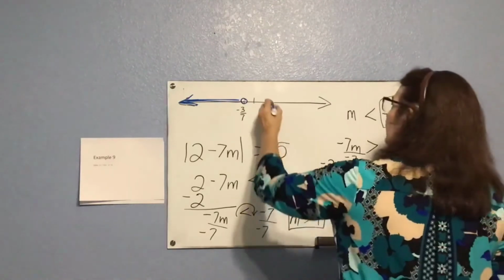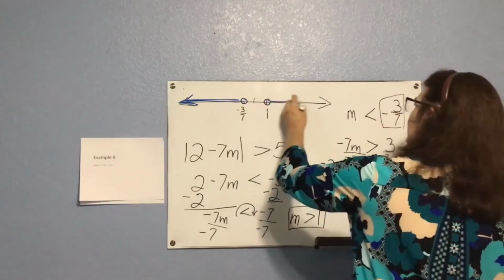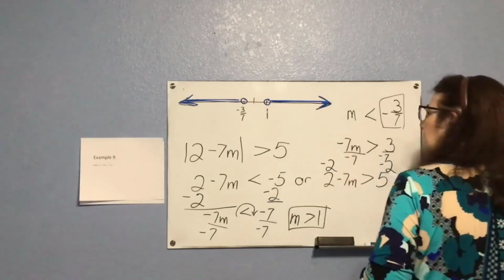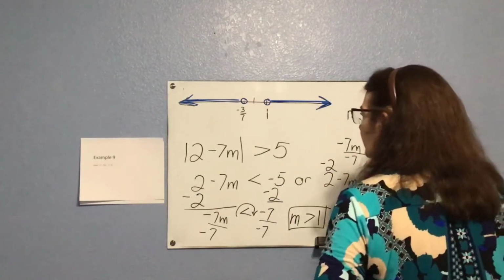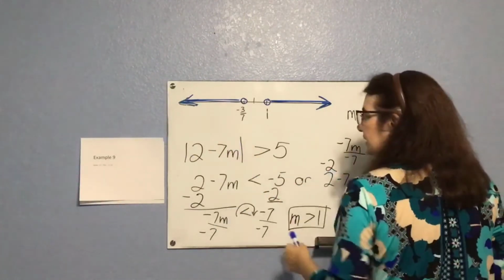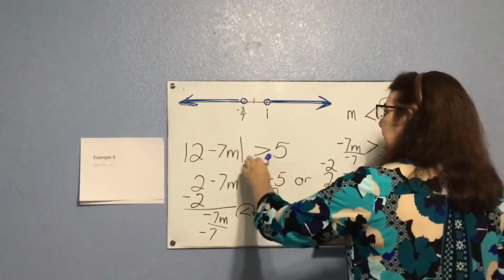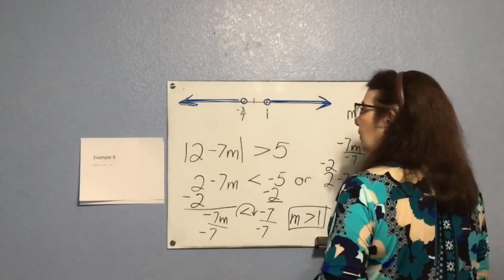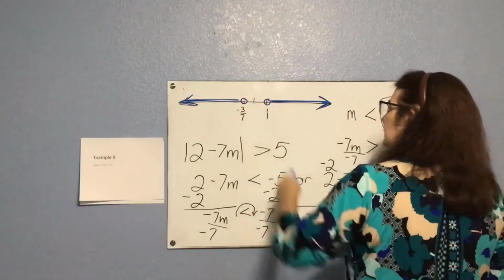And m is greater than 1, so I'll shade this direction. Okay, so you can see when I have this expression that represents the distance, if the distance is more than 5, I have to go out away from 0.